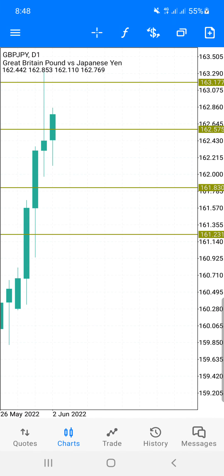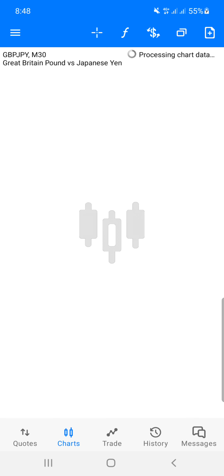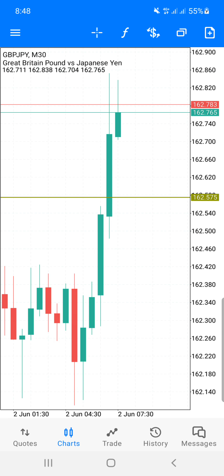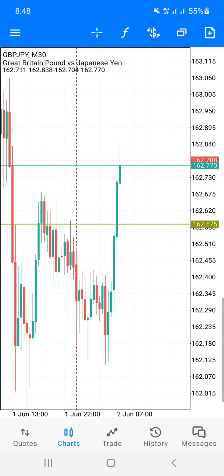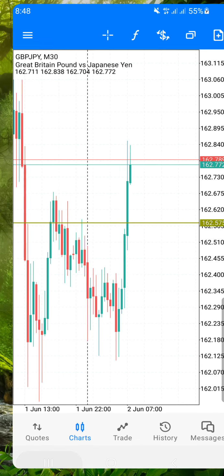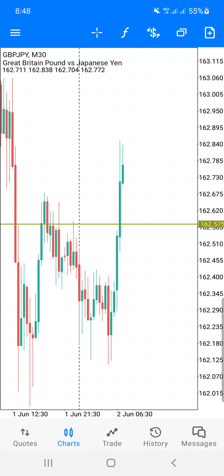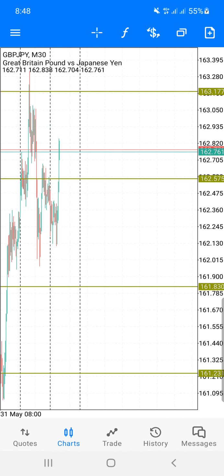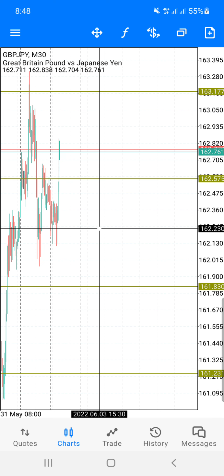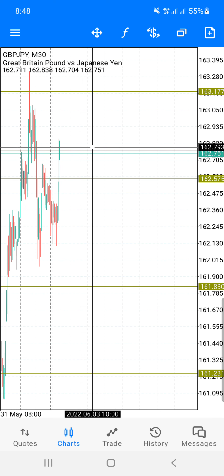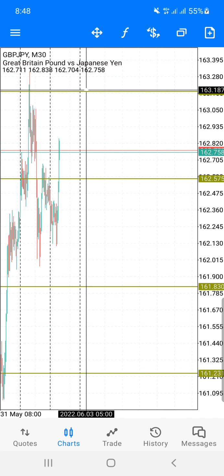So we switch back to either the 30 minutes time frame or the daily time frame, right? Resistance 1 is 163.177, which is around this point.